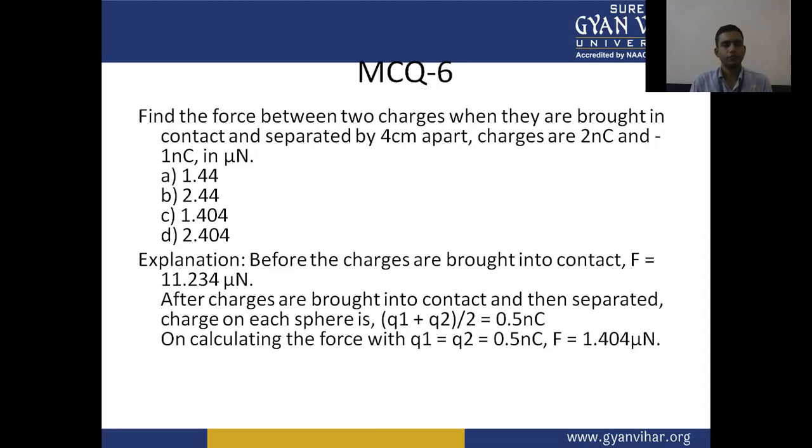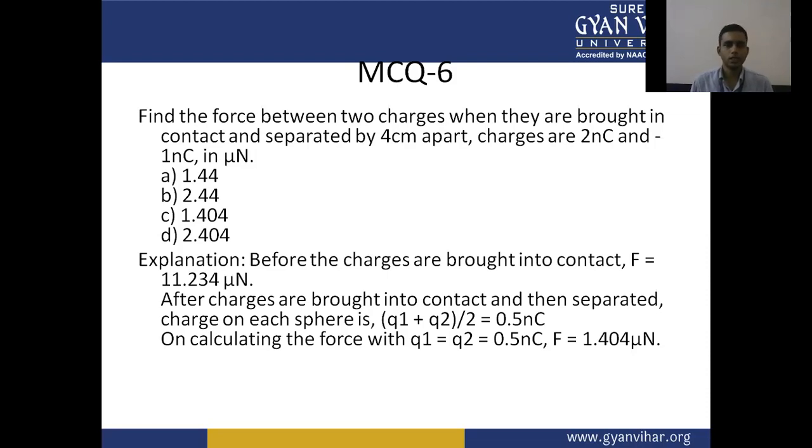Next question: find the force between the two charges when they are brought in contact and separated by 4 centimeters apart. Charges are 2 and 1 in microNewton. Option A is 1.44, B is 2.44, C 1.404, D 2.404.